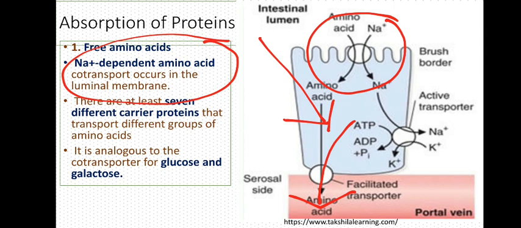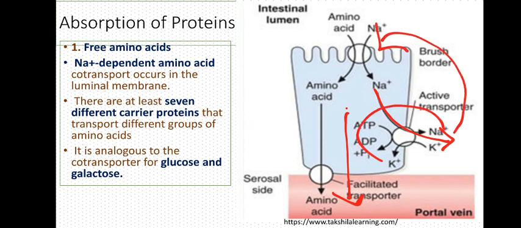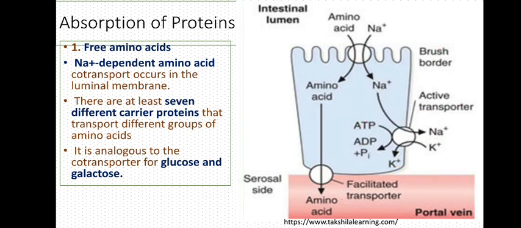This process of taking the nutrient into the cell of the intestine and from there to the circulatory system is called absorption, isn't it? Okay, so here sodium and amino acid come together, then amino acid is taken into the blood, sodium is pumped out, so that it is now available for further circulation, and this is done by the utilization of energy. So it is an active transporter system.